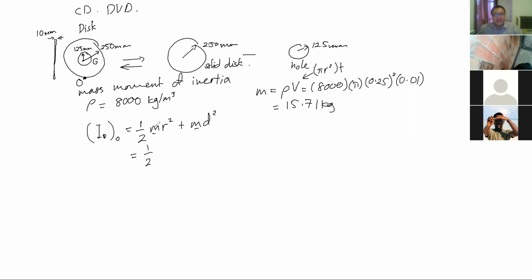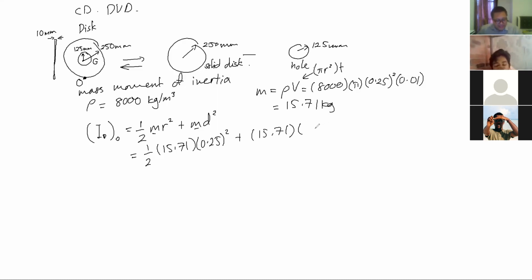Now we already determined the M, so M is 15.71 and the R is again 0.25 squared, plus M which is 15.71 times D, which is equal to 0.25 squared, and everything here is equal to 1.473 kg meter square.